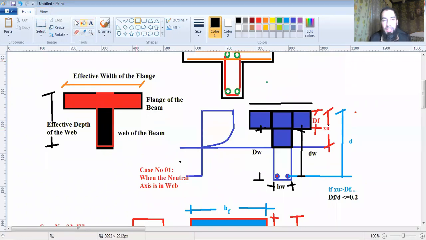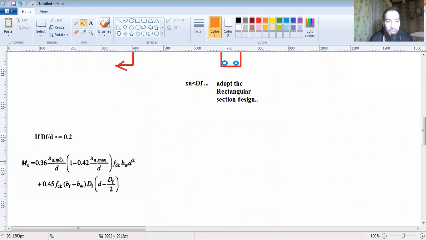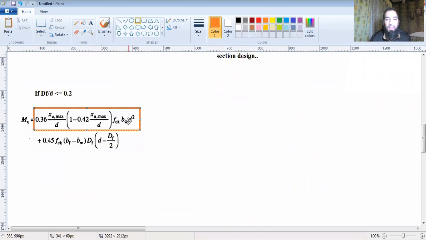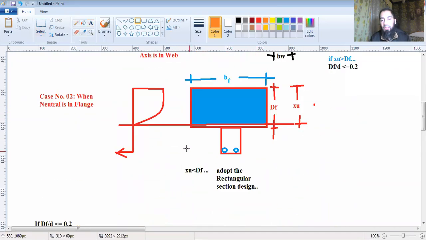So the equation has been divided like this: this is 1 and this is 2. This portion defines the compression behavior of this rectangular portion, this one. And the second one defines the part of the flange left, and of this.